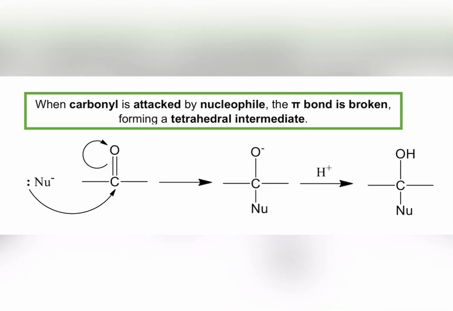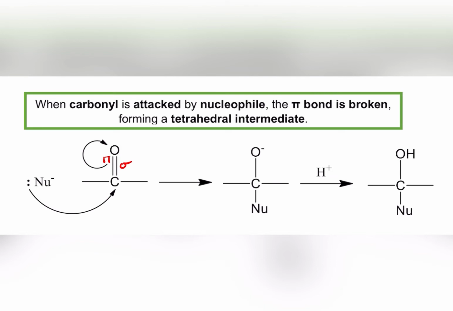Next, once the carbon atom in the carbonyl compound is attacked by the nucleophile, the pi bond breaks. In the double bond, the first one is a sigma bond and the second one is a pi bond. The pi bond between carbon and oxygen atom will form a tetrahedral intermediate, where the double bond itself goes towards the oxygen atom.